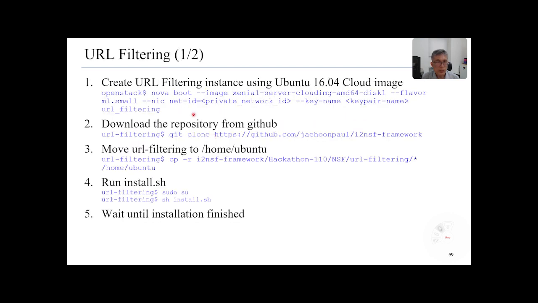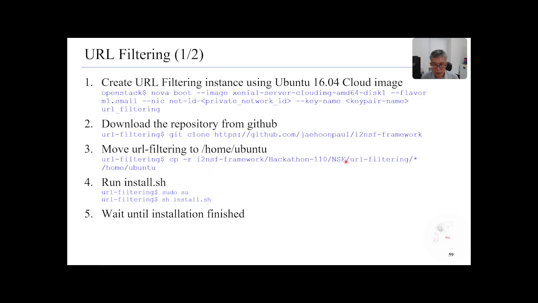Okay, and then URL filtering. So create the URL filtering instance using Ubuntu 16.04 cloud image using the Nova command. Download the repository from GitHub, and then move the URL filtering to your Ubuntu home directory.